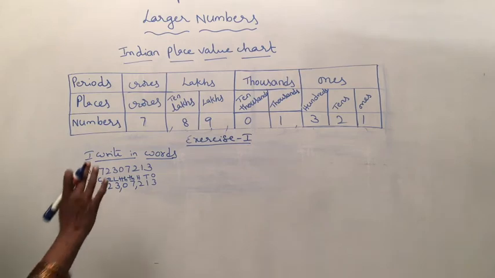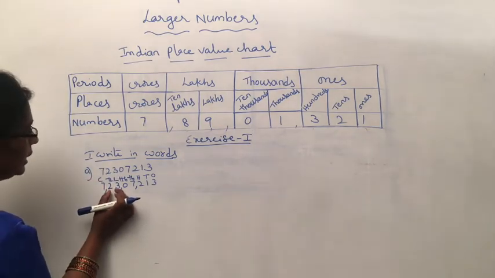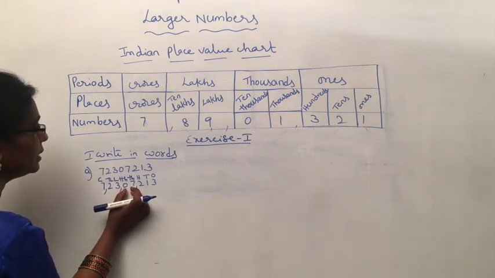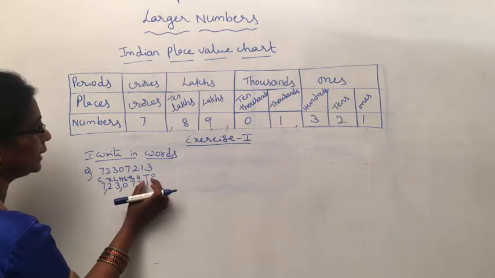7 in the crores period, 23 in the lakhs period, 07 in the thousands period, 213 in the ones period.